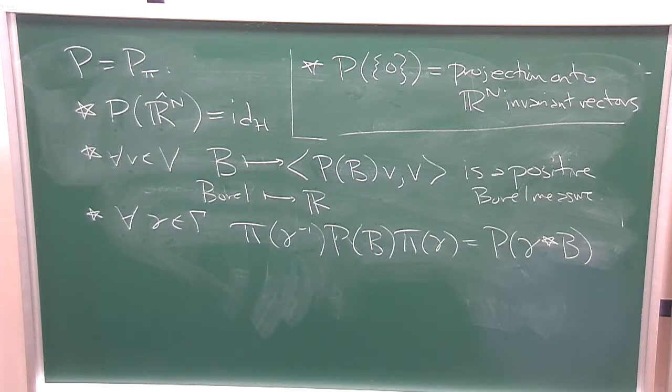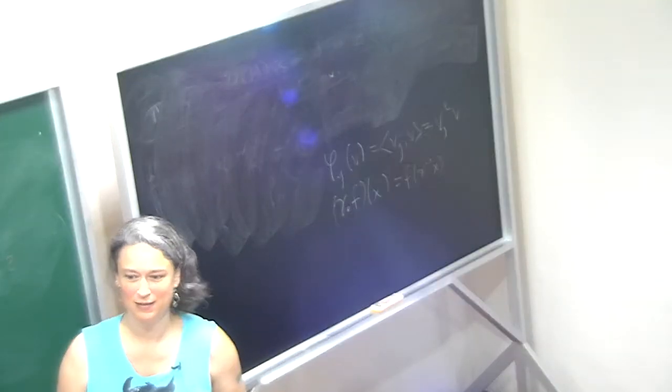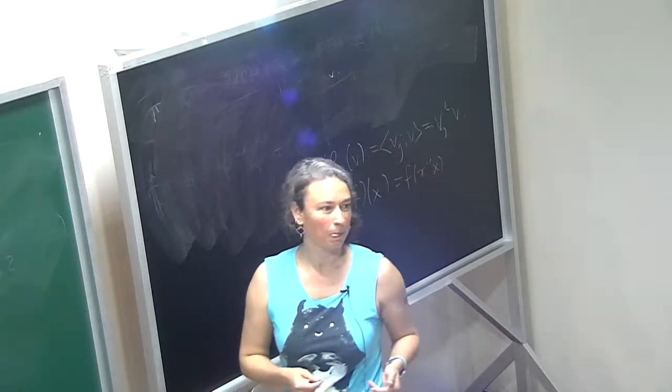Yes. In fact, somebody was asking me yesterday, isn't it true that all unitary representations are direct sums of irreducible ones? No, but they are direct integrals. And this projection valued measure is exactly going to tell you how to disintegrate it. Okay. Actually, an exercise.